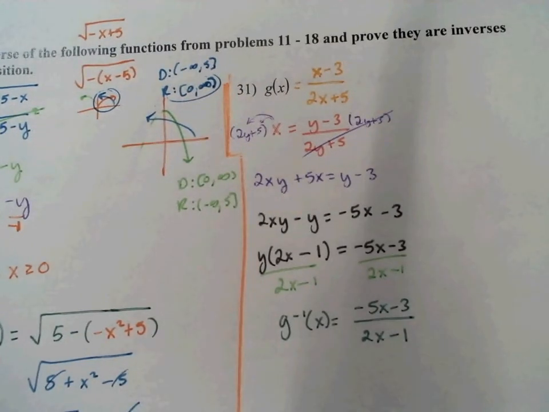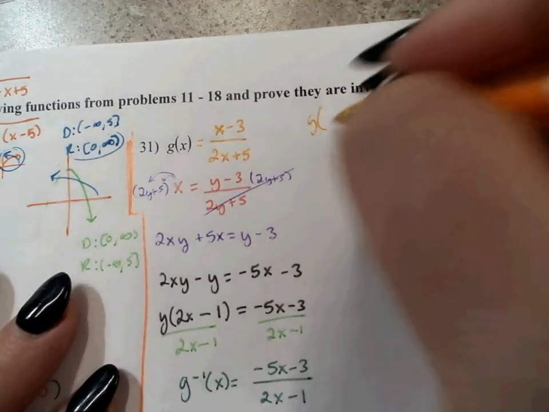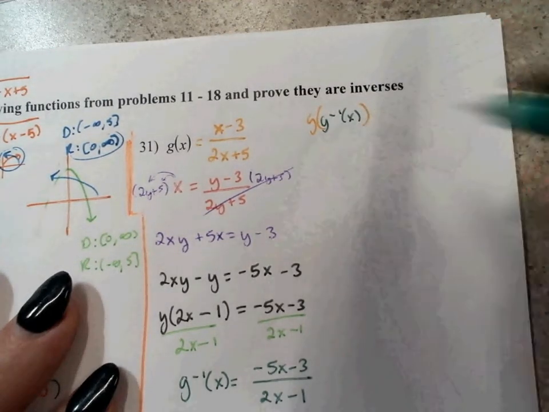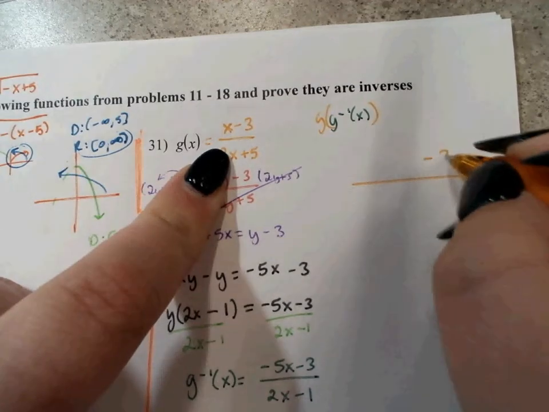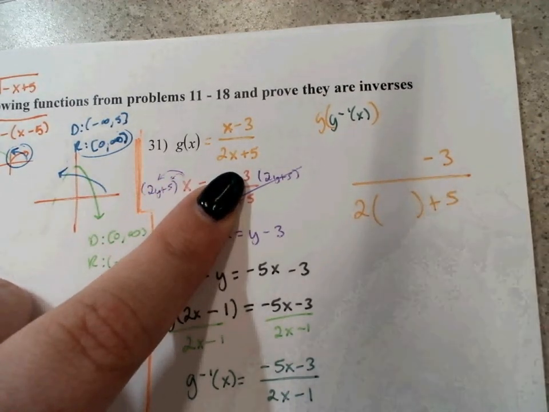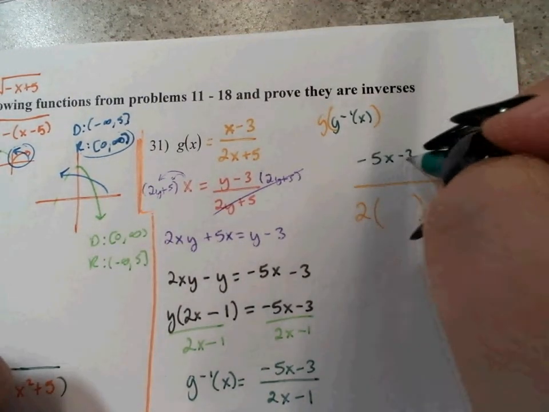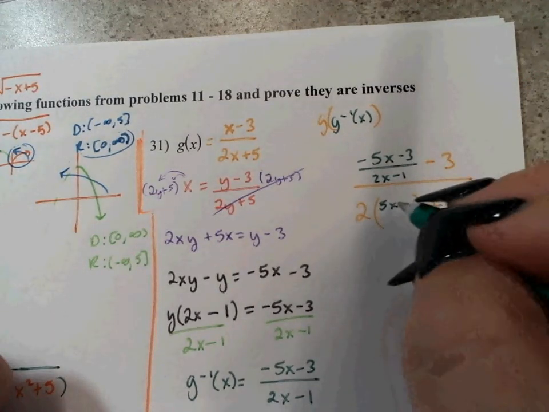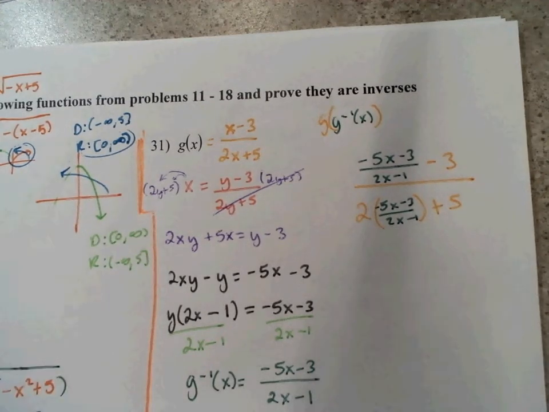Now we're supposed to prove that they're inverses using composition. So I'm going to do g of g inverse. I'm going to start with this function, something minus 3 over 2 times something plus 5. And that something is g inverse, which is negative 5x minus 3 over 2x minus 1.